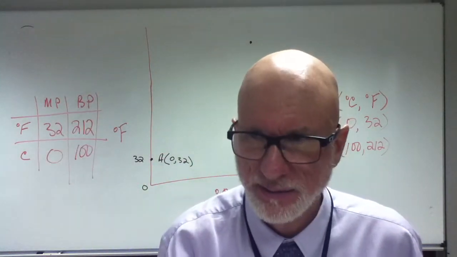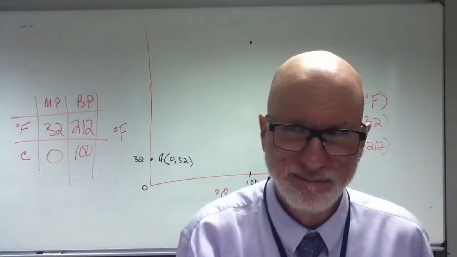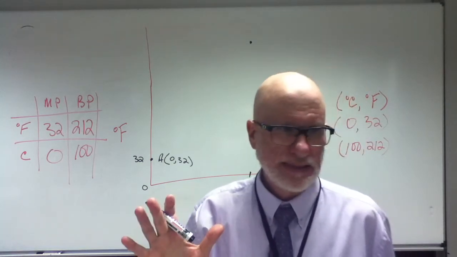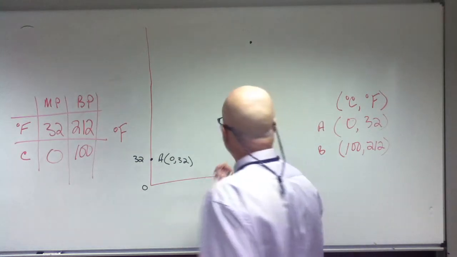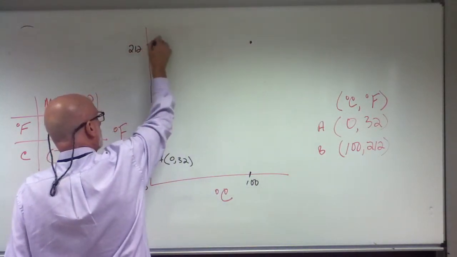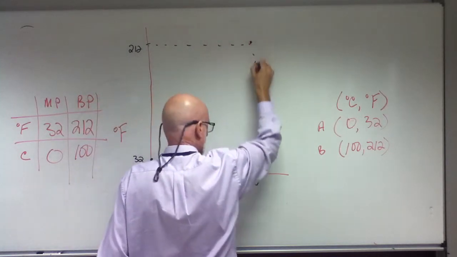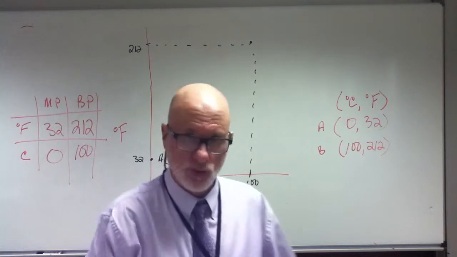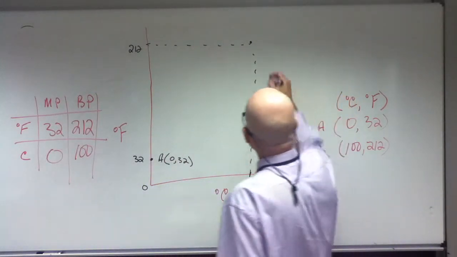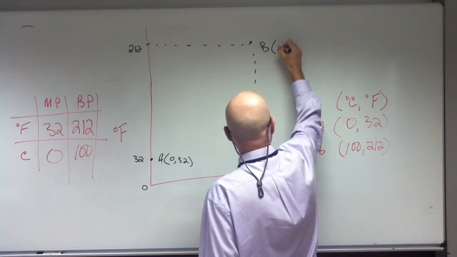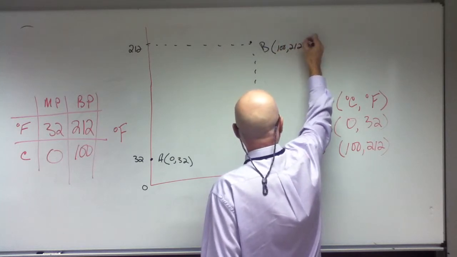It's not perfect. Are you okay with this? Okay. So this is going to be 212. And we'll say that this is B, and that's going to be 100, 212.